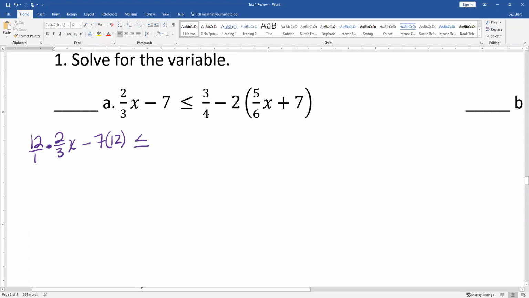This one is the 3, so 12 over 1 times 3/4 minus 12 times 2 times 5/6x plus 7. Leave that one alone for now. So just so y'all see, I've multiplied every separate term times 12.